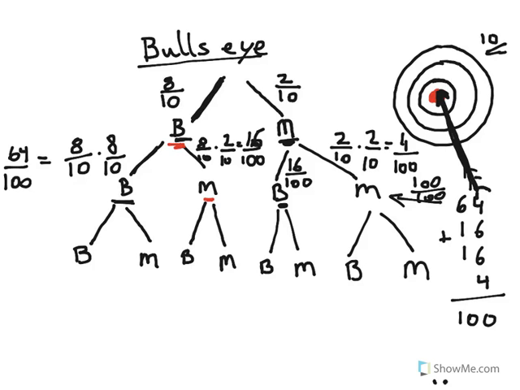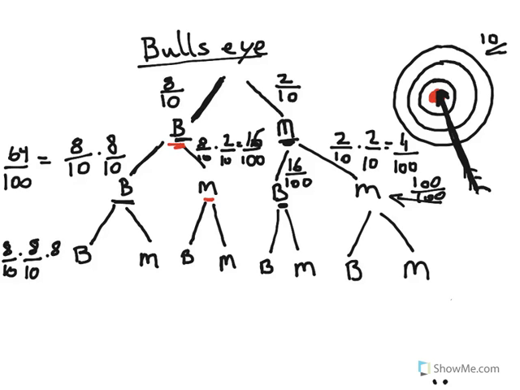Super. So we can rub that out and then look at what are the probabilities for 3 bullseyes in a row then. Well, 3 bullseyes in a row, there would be 8/10 the first bullseye, multiplied by the second bullseye, also has a chance of 8/10, multiplied by the third bullseye, which also has 8/10.